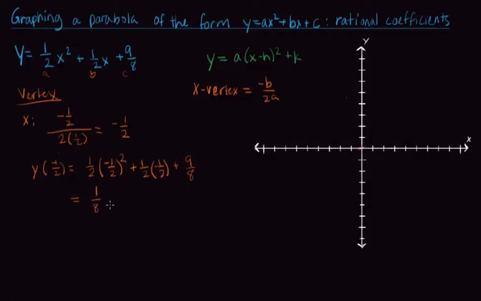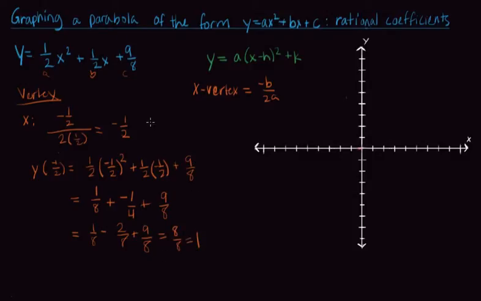So this is 1/8 plus 1/2 times negative 1/2 is negative 1/4 plus 9 over 8. So now I'm going to change this into eighths so that we can add them. So we have 1/8 minus 2/8 plus 9/8, which is equal to 1 minus 2 is negative 1, plus 9 is 8. So it's just 8/8, which is just 1.